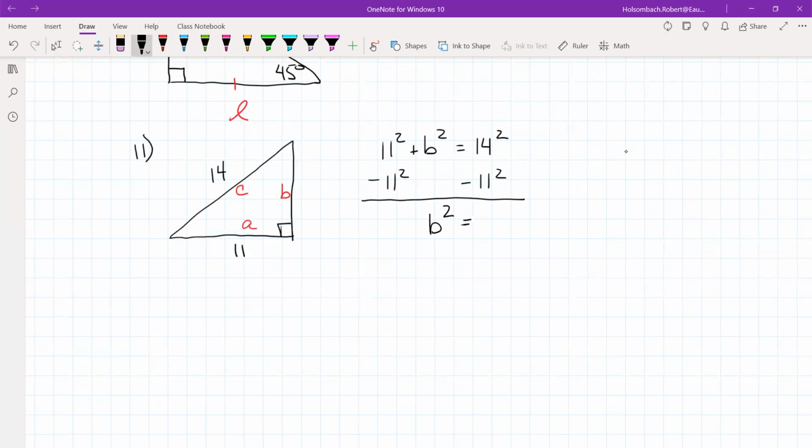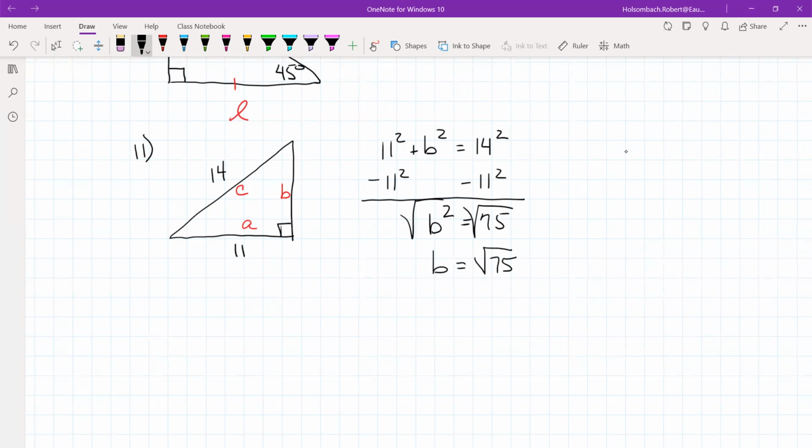B squared equals 75. Now, I'm going to square root each side. So the square root of B squared is equal to B. And we've got radical 75 on the right.